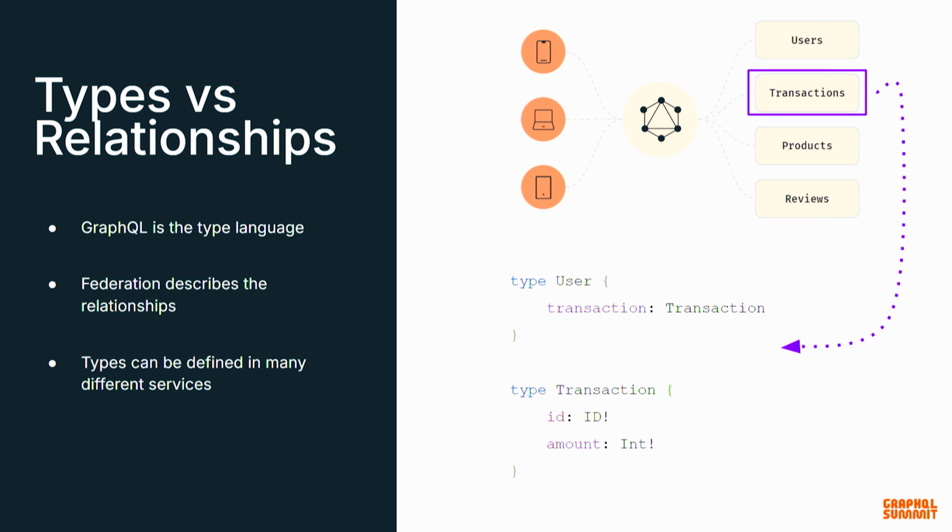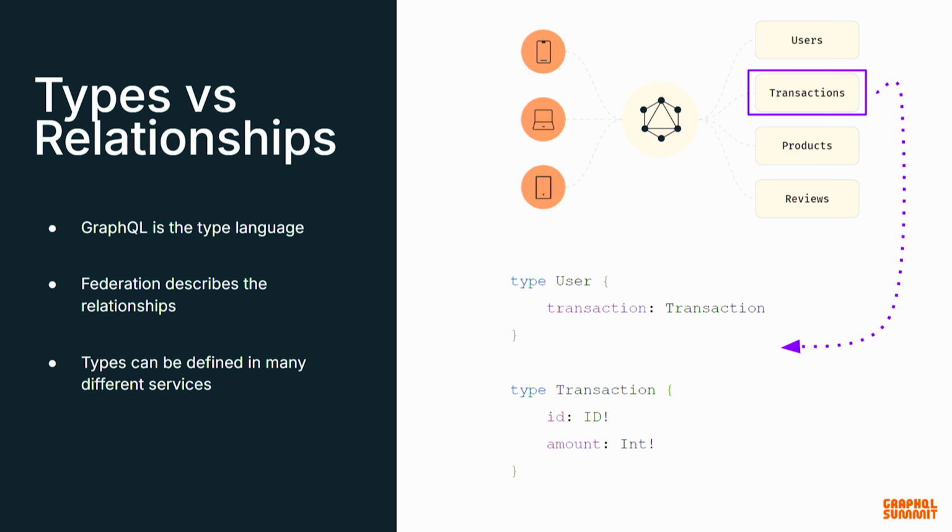So within the transactions subgraph here, I can say I know about a transaction, and I know that a transaction lives on a user. In your database, you might say, I have a reference to user ID, but in GraphQL and Federation, we actually say, no, I know about the type user, and I know there's a transaction on that user. So there's a way of describing the relationships that we have across our entities.